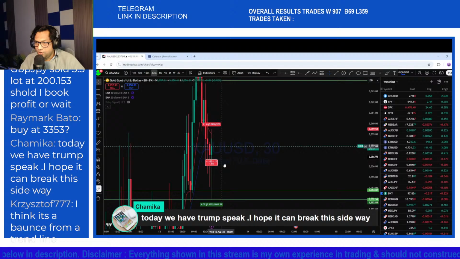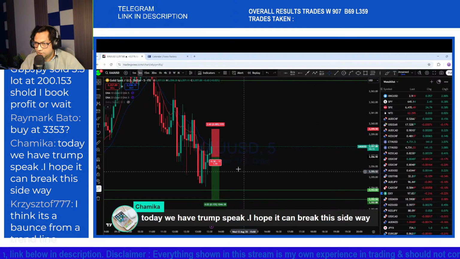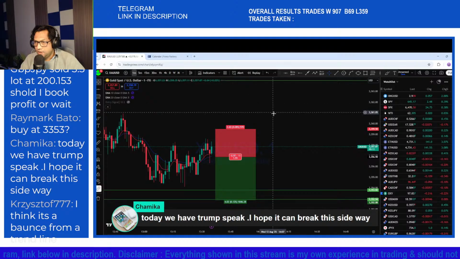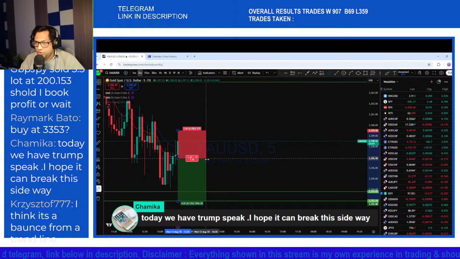This is a liquidity grab, expecting it to reject back again to this support level, and there is a 5-minute doji here that you can see.